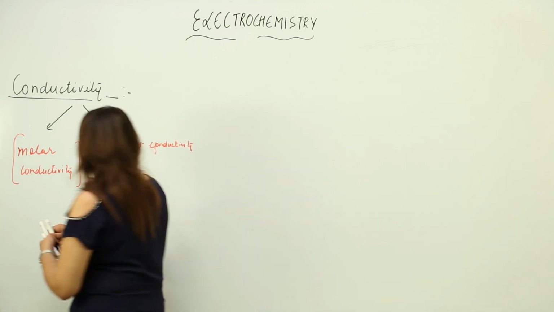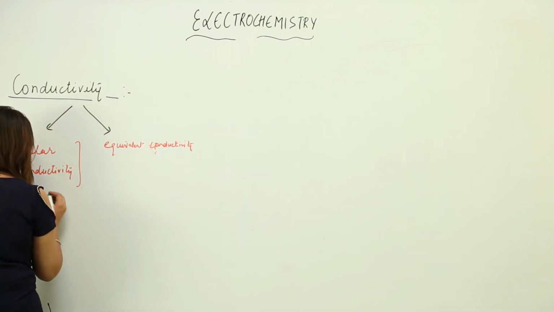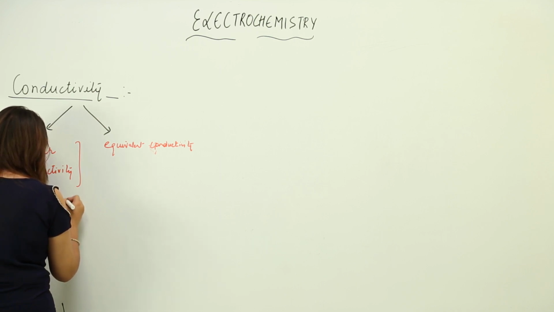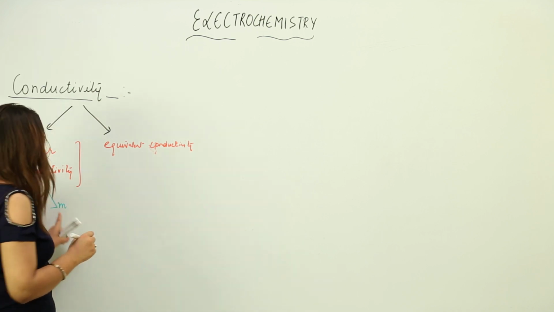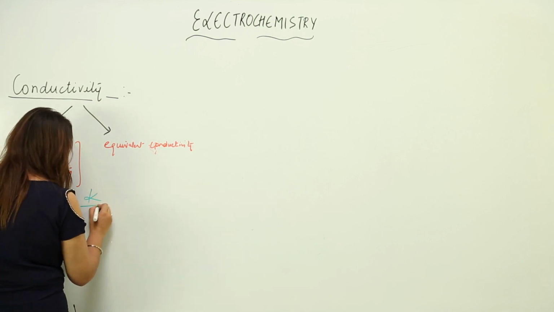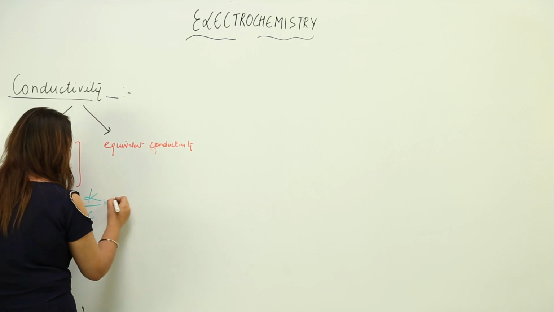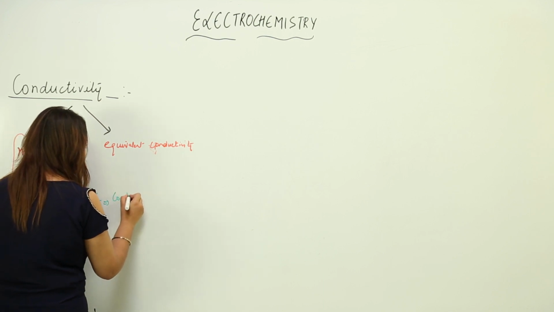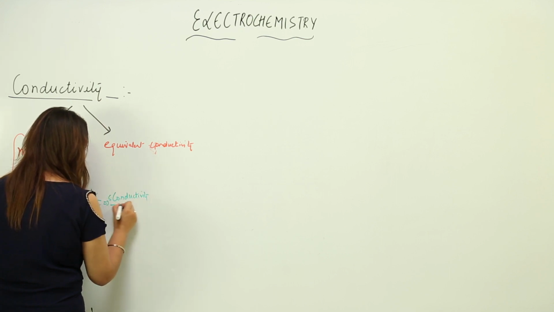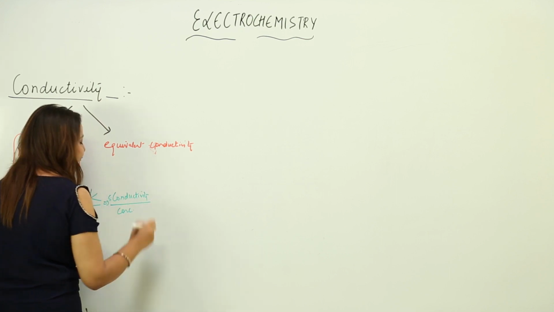So when we talk about molar conductivity, it is represented by lambda m. So lambda m is equal to kappa upon concentration. That means it is equal to the specific conductivity divided by concentration.